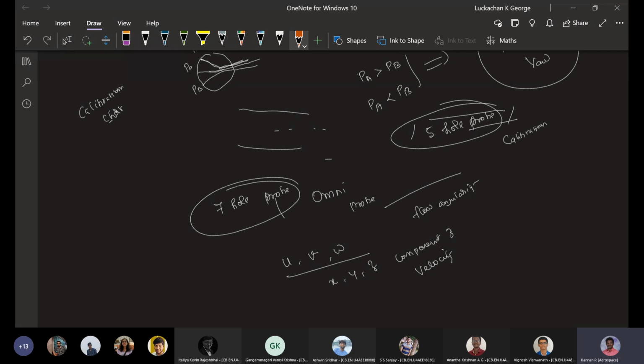So in the next class, I'll continue about the turbulence sphere, how they measure the turbulence level in the wind tunnel, and even the hot wire anemometer.